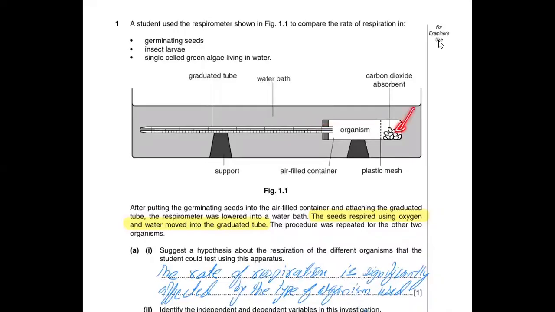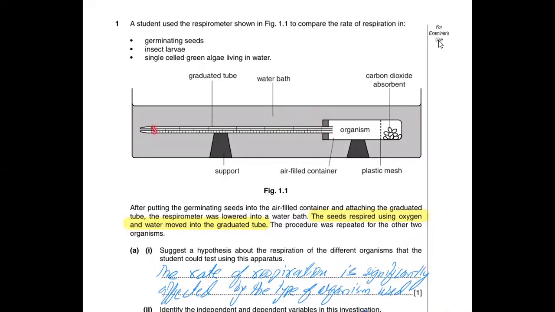The carbon dioxide absorbent should be fresh and weighed, and its mass should be known. The mass of the organism placed is known as well. You are placing it in a dish, and you will make this airtight. You can use Vaseline for this, or any kind of substance which makes sure that there is no air moving into it. And the graduated tube is carefully lowered back.